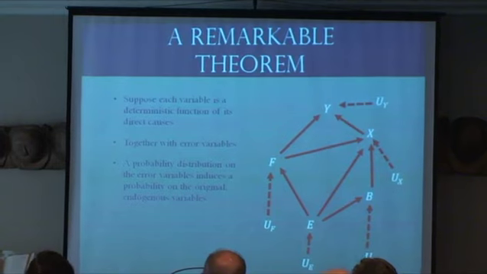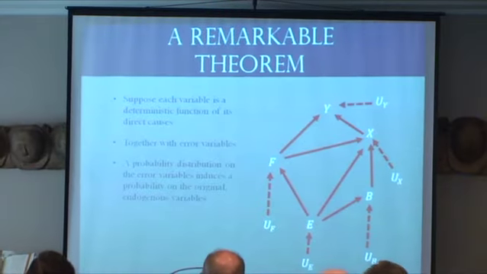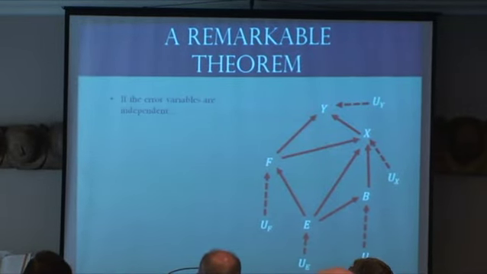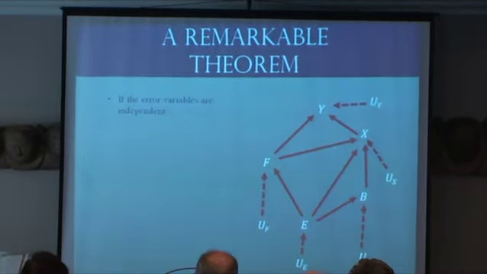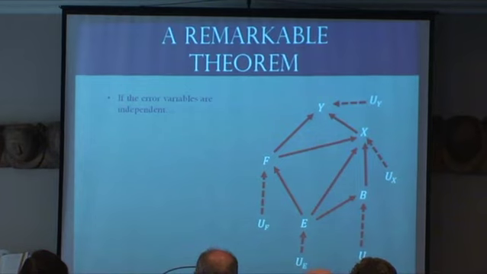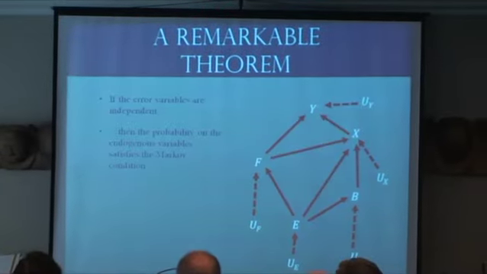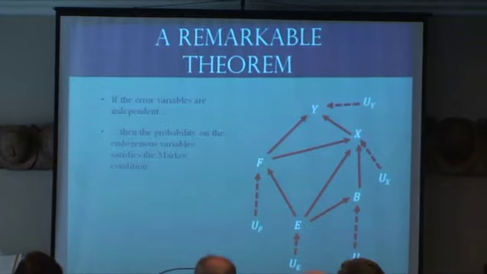But now we imagine a probability distribution just over the error variables, and that's going to induce a probability over what are now the endogenous variables. What Judea showed is that if the error variables are independent, then the probability that's induced on the endogenous variables satisfies this Markov condition.